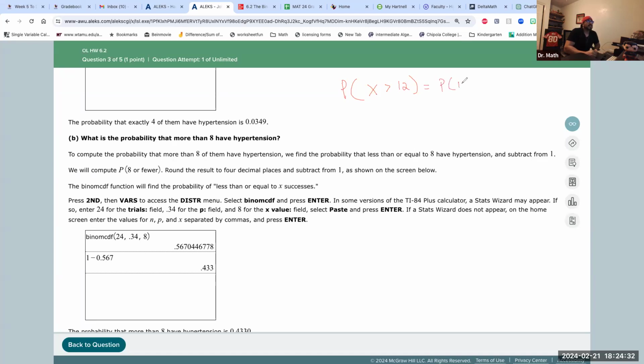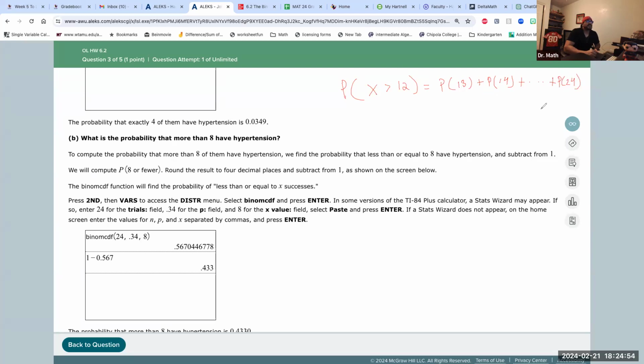So more than 12 would mean that I would need to start at 13 plus probability of 14 plus, and I just keep going all the way to the last one, which is 24, right? Plus probability of 24. And I'm saying 24 because that was our sample size. All right. So that's what this means.